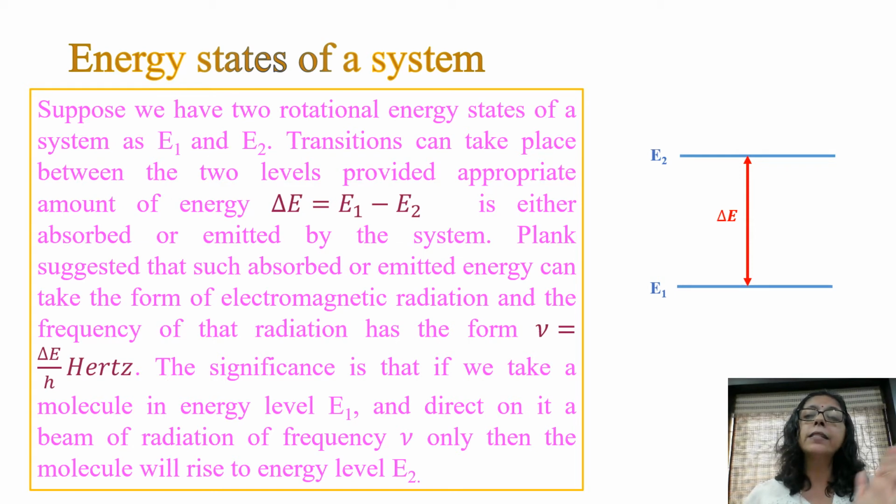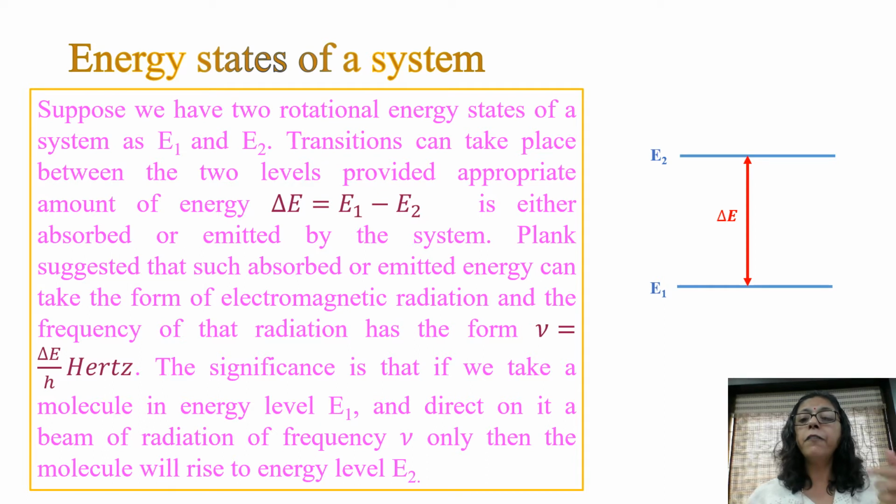Now you make a certain incident electromagnetic radiation on that sample. If the energy of that radiation is such that it is able to move the molecule to a higher allowed energy state, only then the molecule will absorb that energy and you will observe a spectrum.